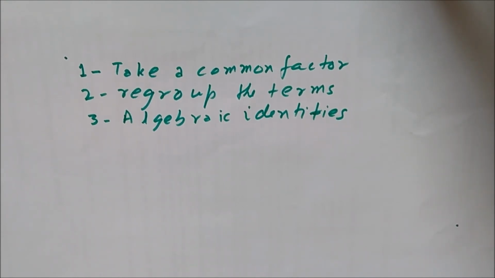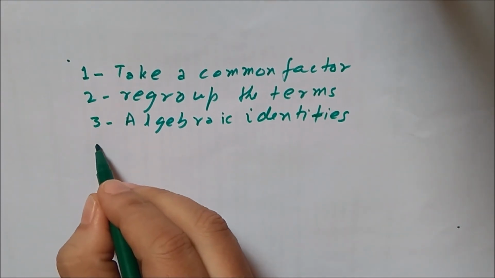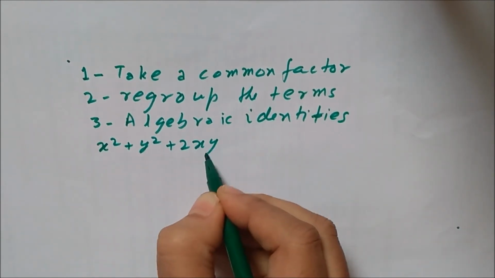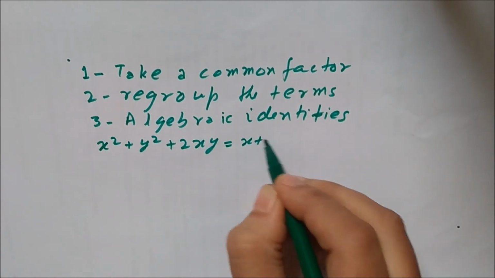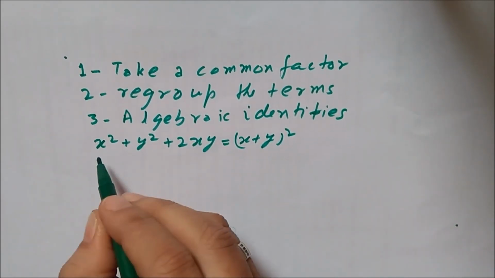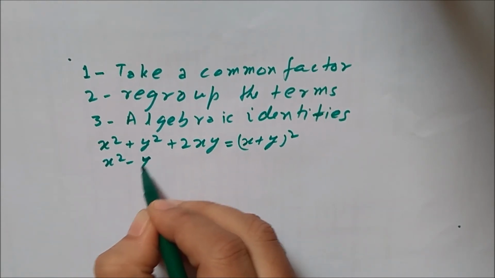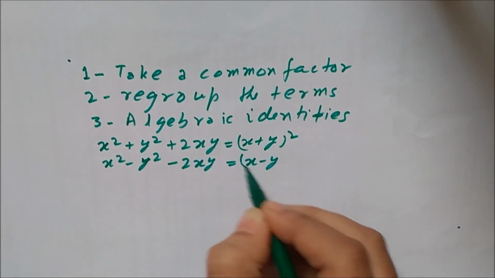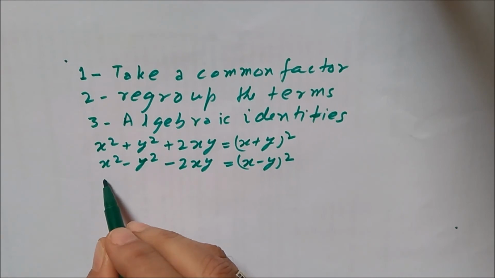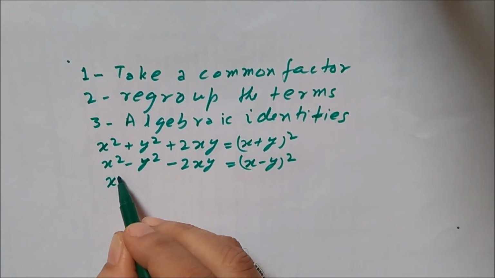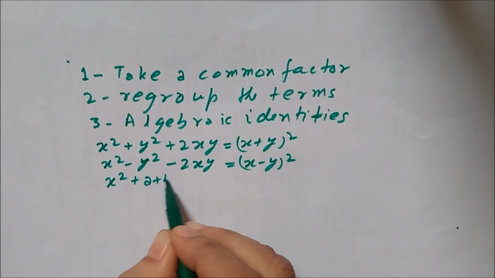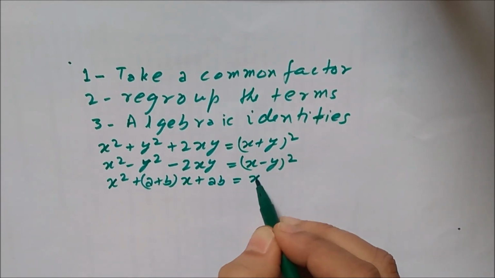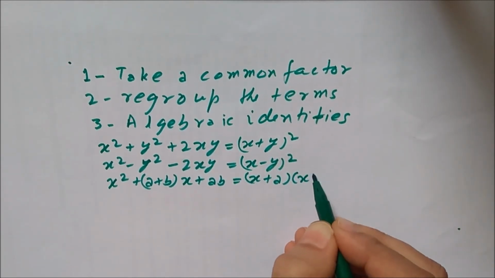The algebraic identities which are used can be simply summarized as x square plus y square plus 2xy is equal to (x plus y) whole square, then x square plus y square minus 2xy is equal to (x minus y) whole square, or x square plus (a plus b)x plus ab is equal to (x plus a) into (x plus b).